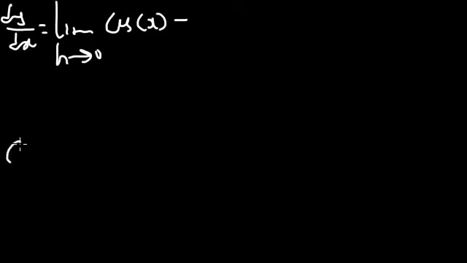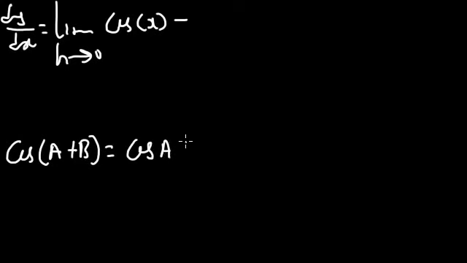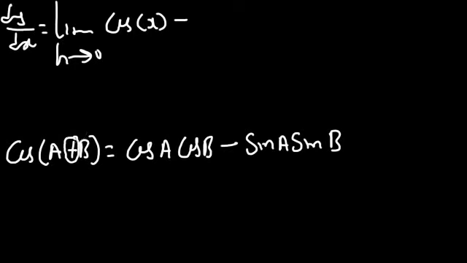It says that the cosine of two angles A plus B is equal to cosine of the first, cosine of the second, minus sine of the first, sine of the second. So if it is subtraction that is here, you just change this one to addition. They are opposite of each other.